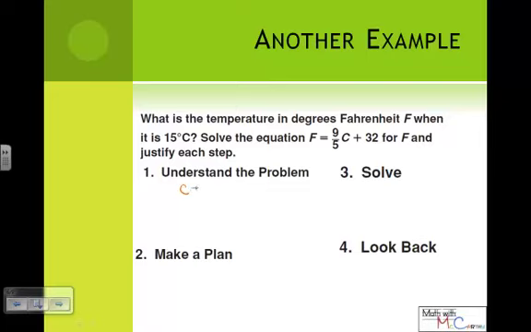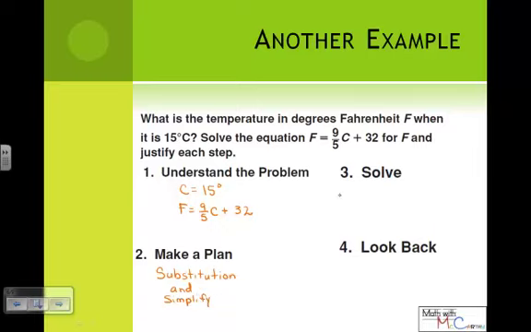So the Celsius temperature is 15 degrees, and our Fahrenheit temperature can be found by 9/5 times our Celsius temperature plus 32. So I understand the problem. Now my plan is going to be to use my substitution property and then simplify. Substitution and simplify.